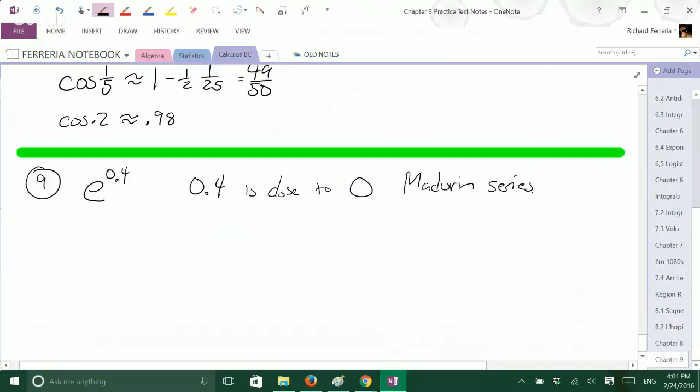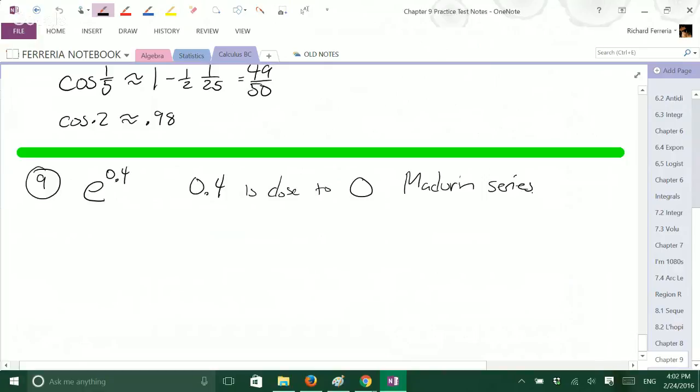You're probably free to use any series you want. Center it at any place you want. But you're going to have a hard time computing e to increasing powers. So just stick with the Maclaurin series if not really specified. That's probably a good way to go here.